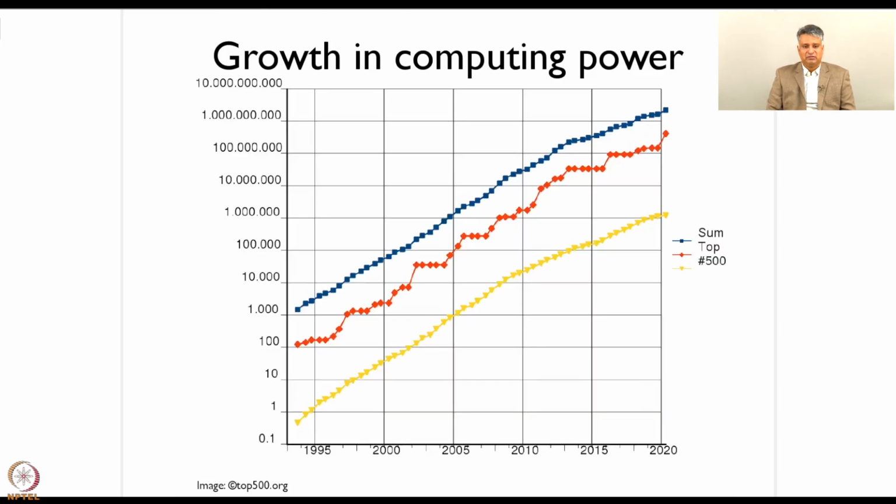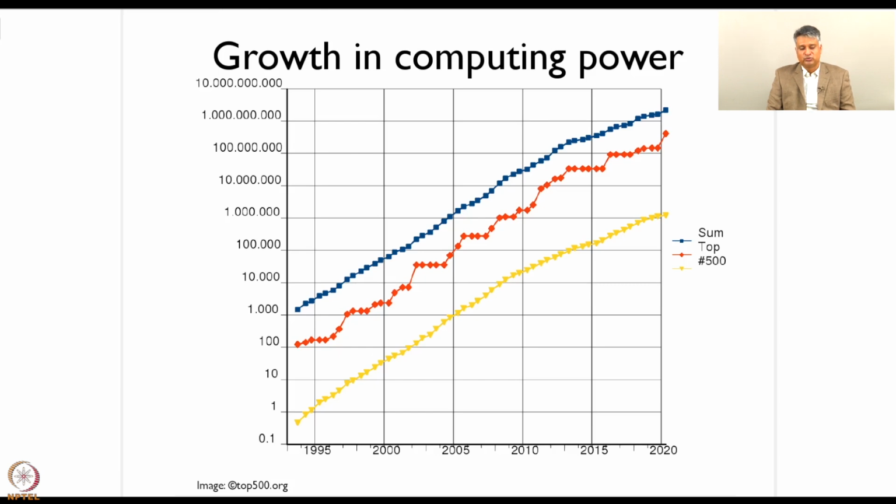So in this graph, which we have sourced from a website called top500.org, it depicts the fastest supercomputer in the world, the speed at which it is able to do computations over the last few decades.